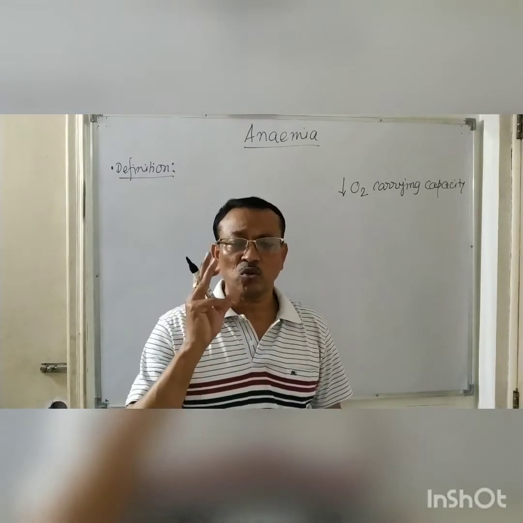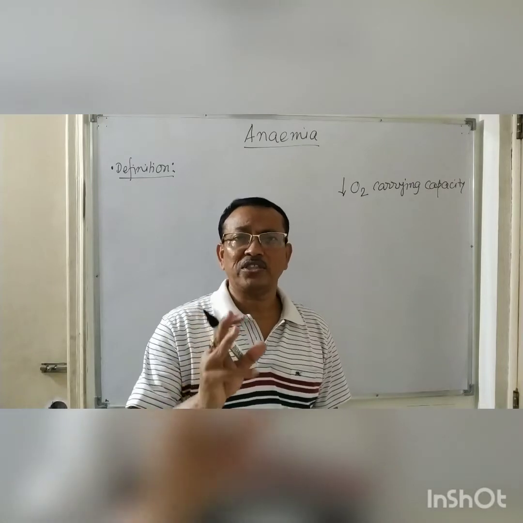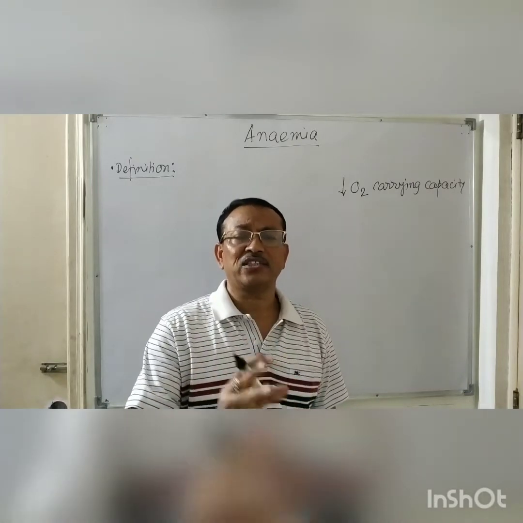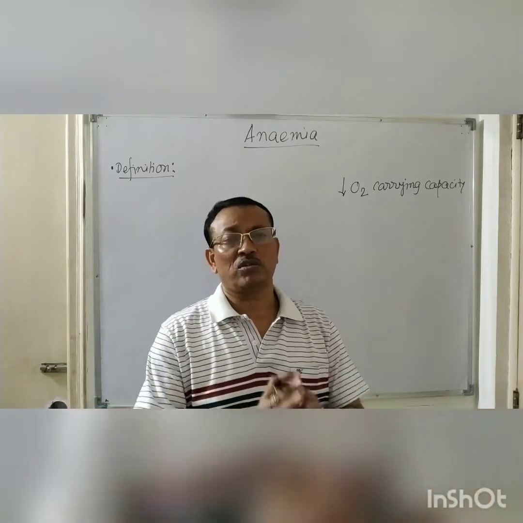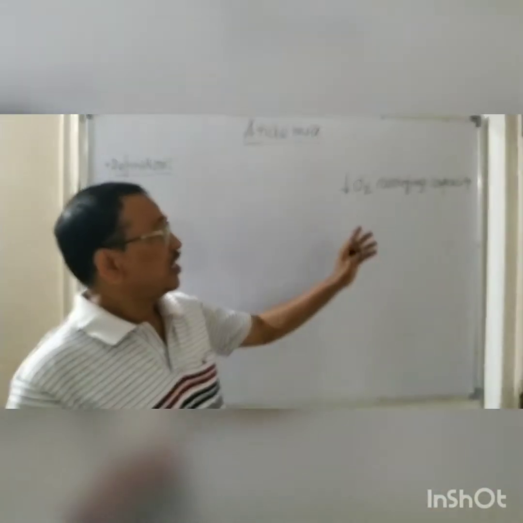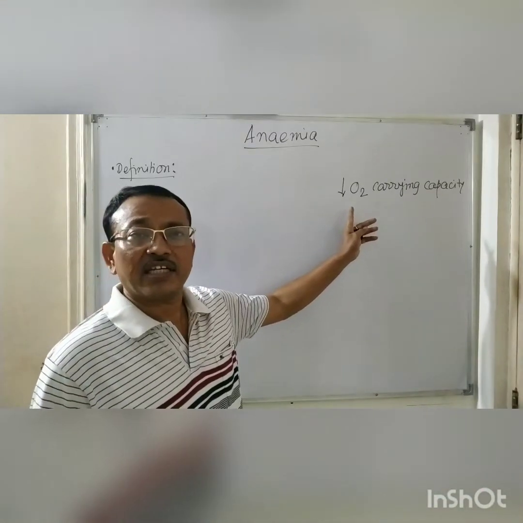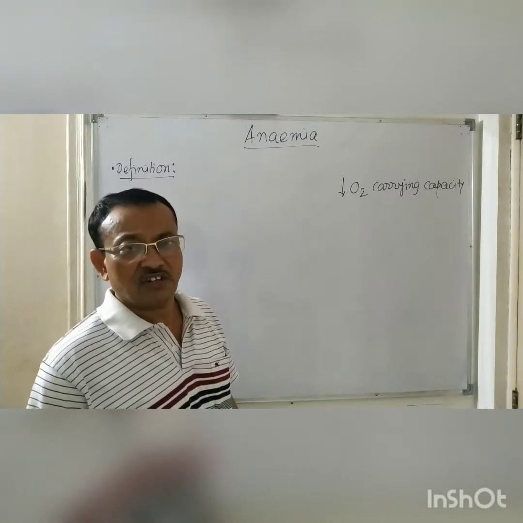So because of these two reasons, either there is a lower RBC count or there is lower hemoglobin concentration, or both the factors. Because of these factors, if the oxygen carrying capacity is decreased, then that clinical condition is known as anemia.